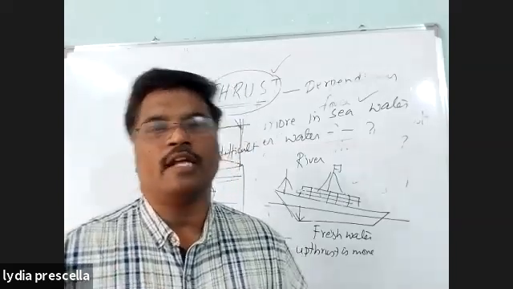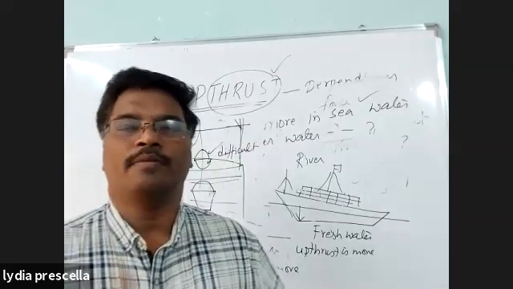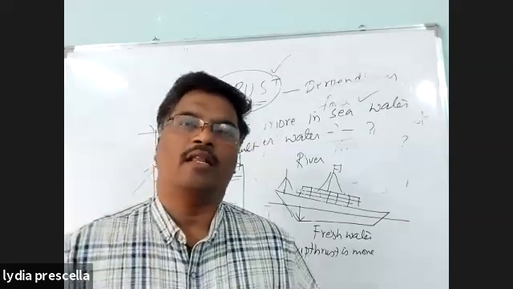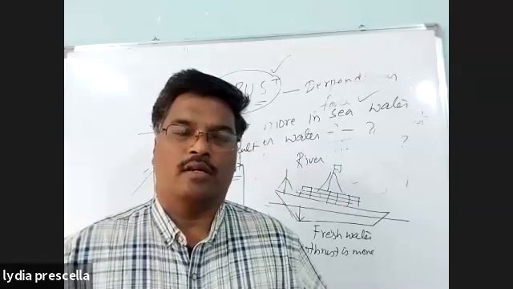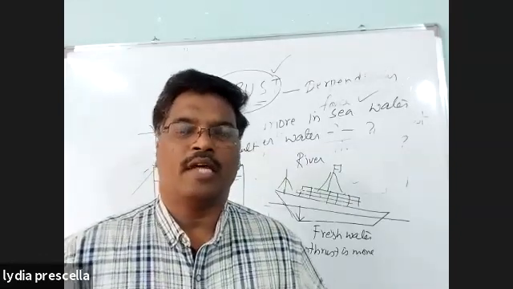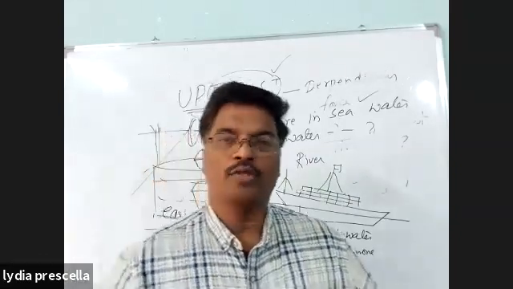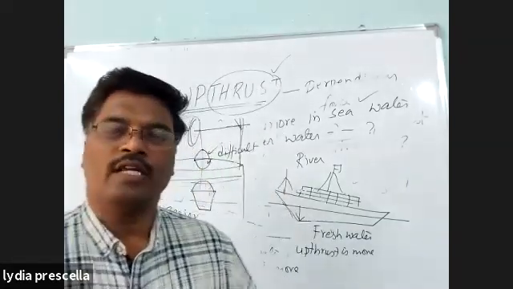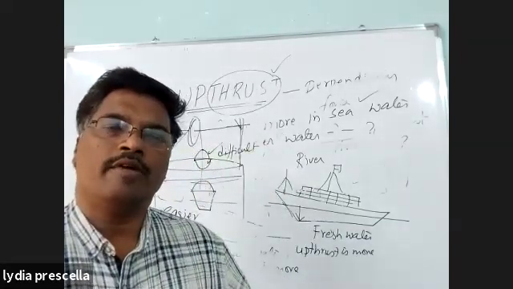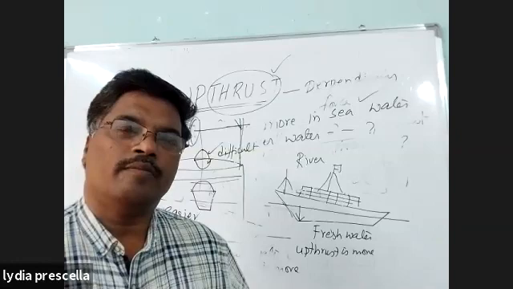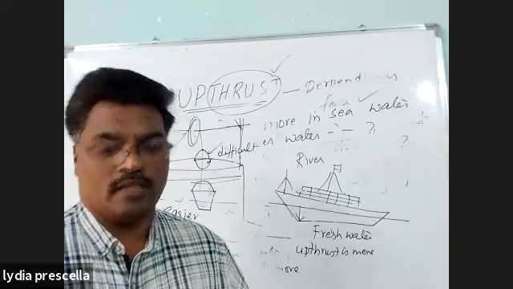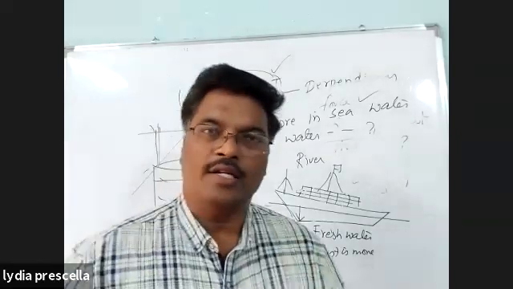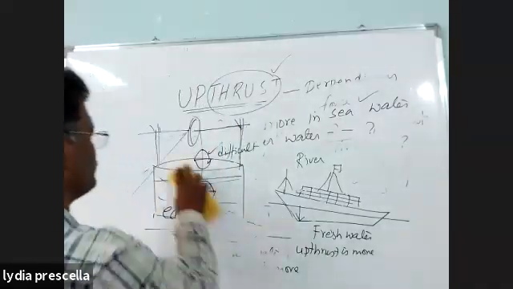Then I gave 4 examples of upthrust in our daily life and the reason why it happens. Now I come to the conditions of floating and sinking. This is also very important when you are preparing for the SEE exam. There are 3 conditions for floating and sinking.